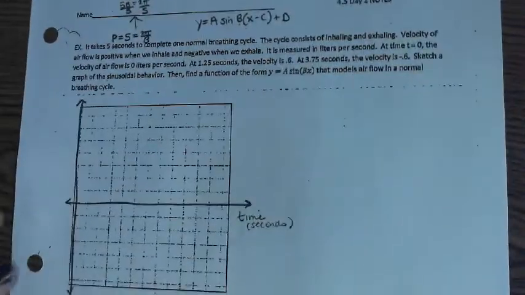And what is the label for the y-axis? What is changing as time goes on? That's the unit, but what's the velocity? Right. Velocity of airflow.